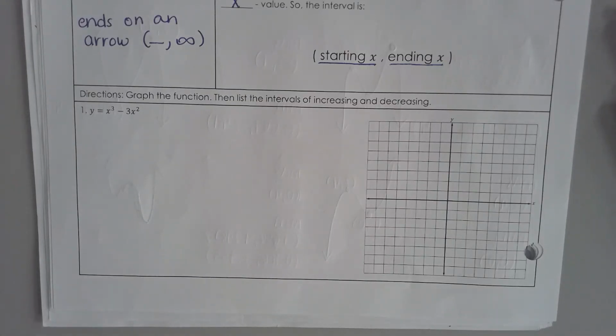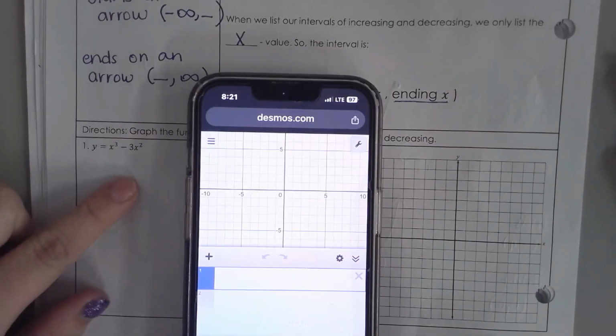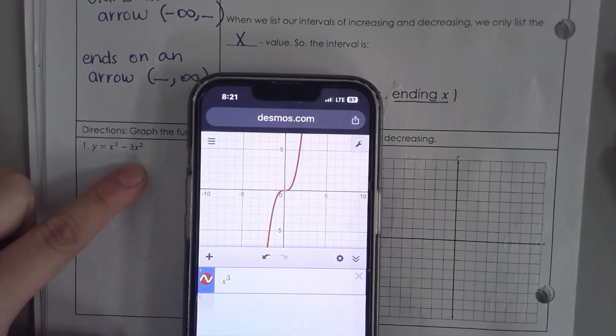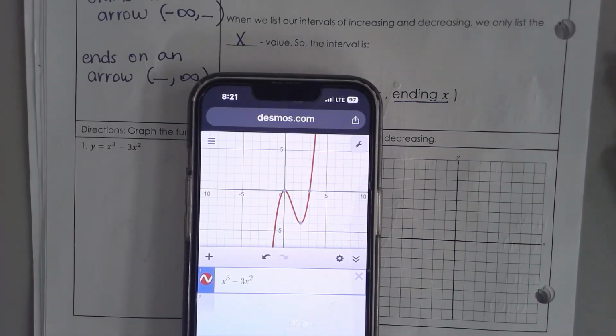But I do expect that you at least look up the max and mins, which you can do best on Desmos. So x cubed, you can get your Chromebook out if you want, minus 3x squared.